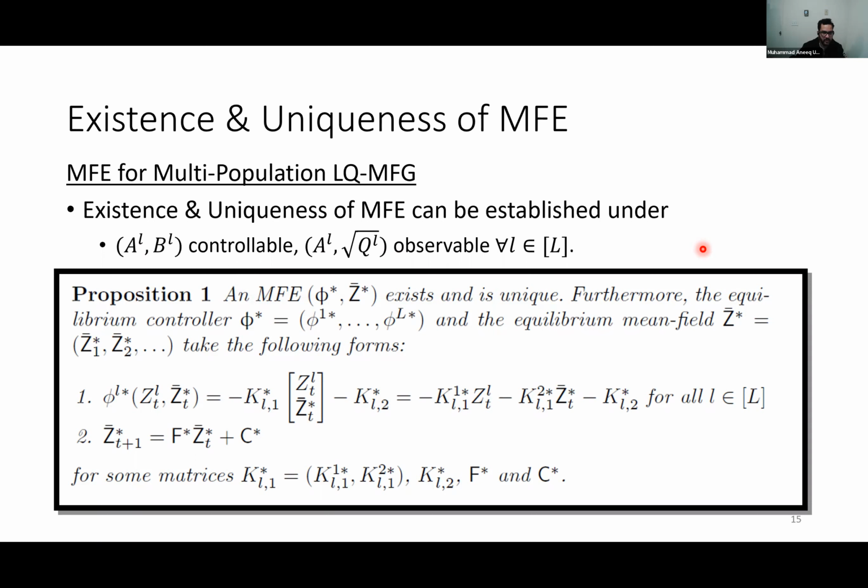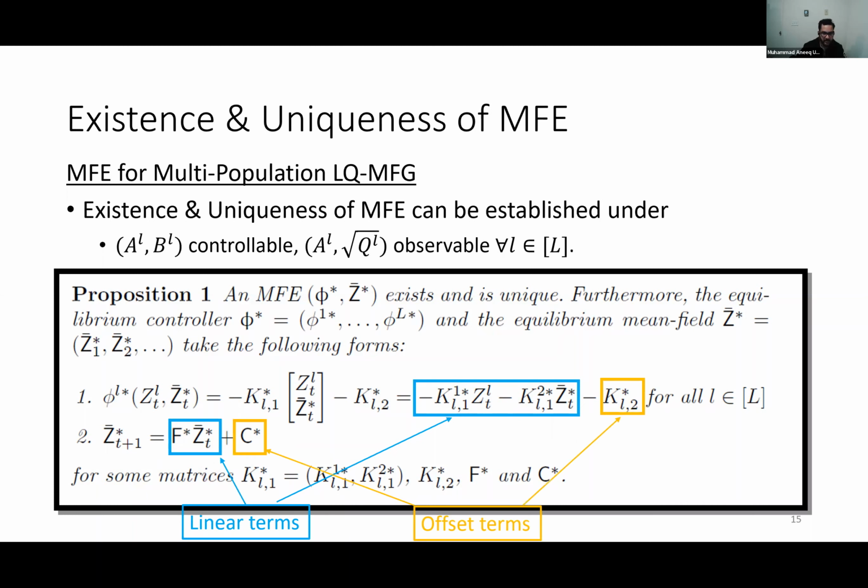And also we show a certain affine structure in the mean field equilibrium. This is the equilibrium controller, and this is the equilibrium mean field trajectory. The equilibrium controller has terms which are linear in the state of the agent, and linear in the mean field. Similarly, the dynamics of the mean field trajectory has affine form, where the first term is linear in the mean field.